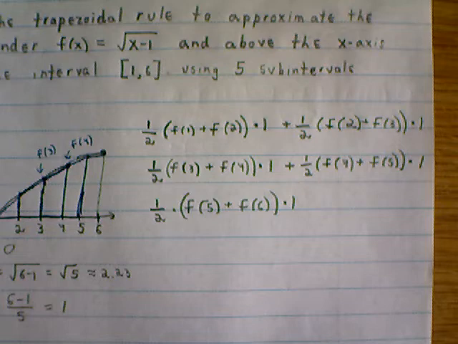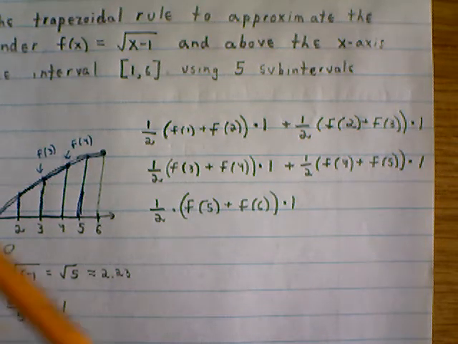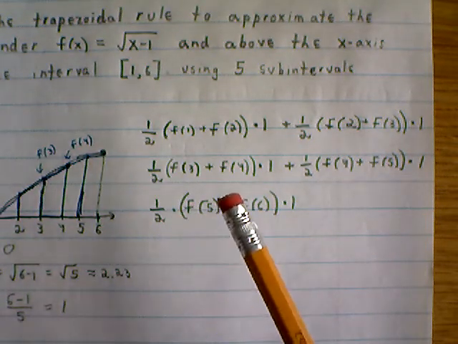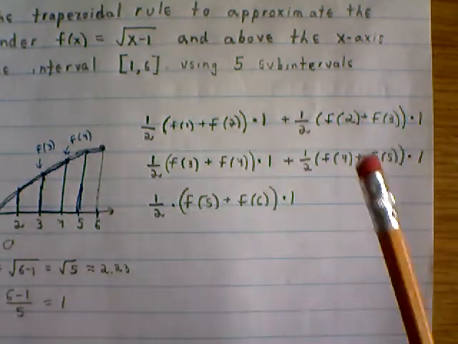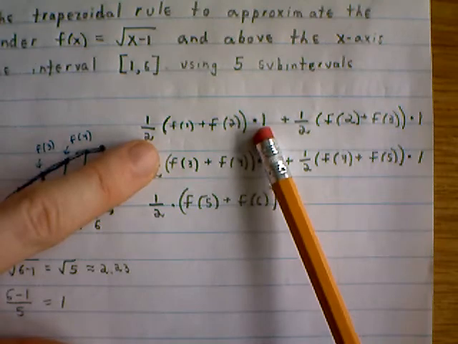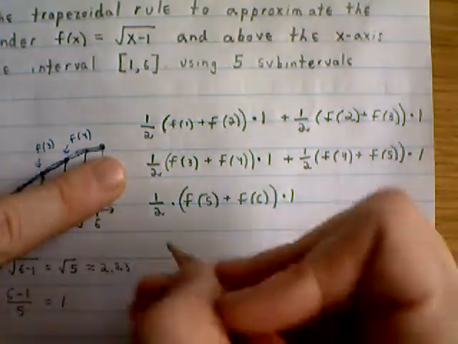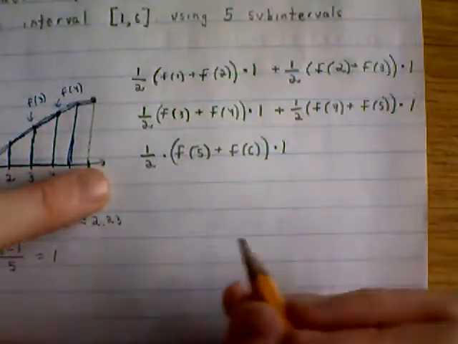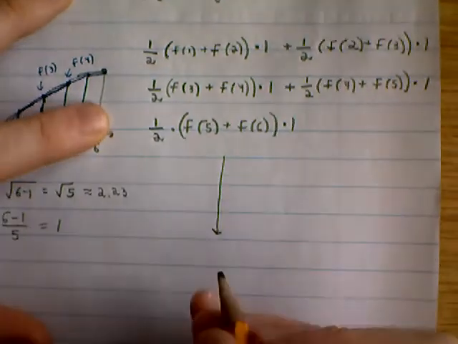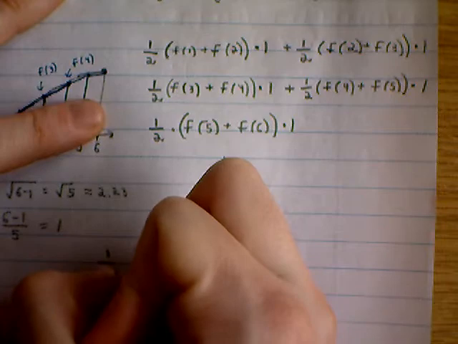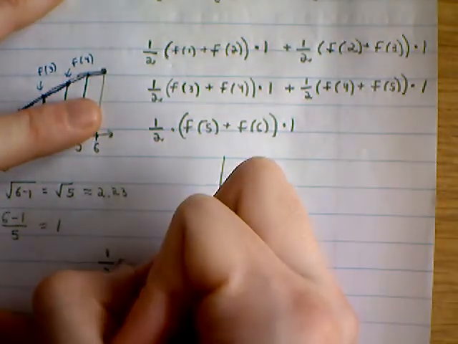Now, I need you guys to look through and notice the pattern that each term that's separated by addition here, we can factor out a 1/2 and a 1. So let's factor out a 1/2 and the 1.